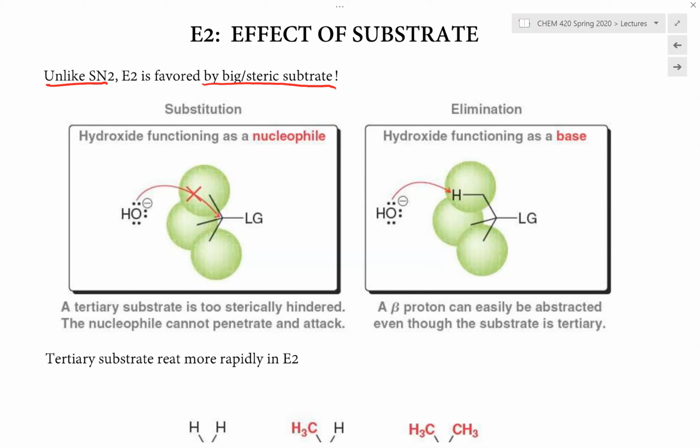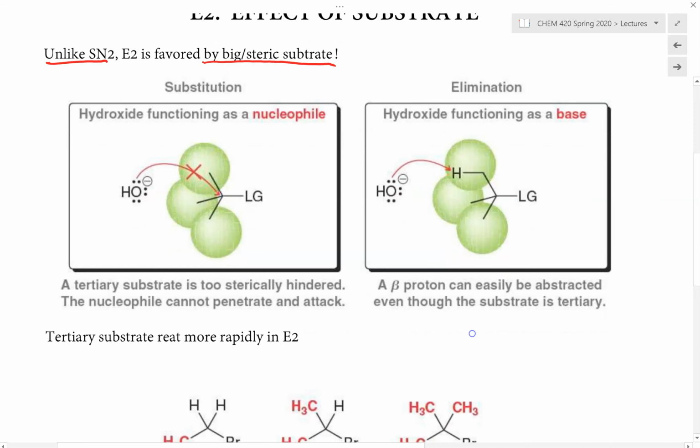However, in elimination reactions, a big and bulky substrate is actually favored. The reason why is as follows. In substitution reactions, our reagent or nucleophile comes in to attack this electrophilic carbon directly. Therefore, the more bulky the substrate, the more difficult it is for the nucleophile to attack. This is why it favors a smaller substrate.